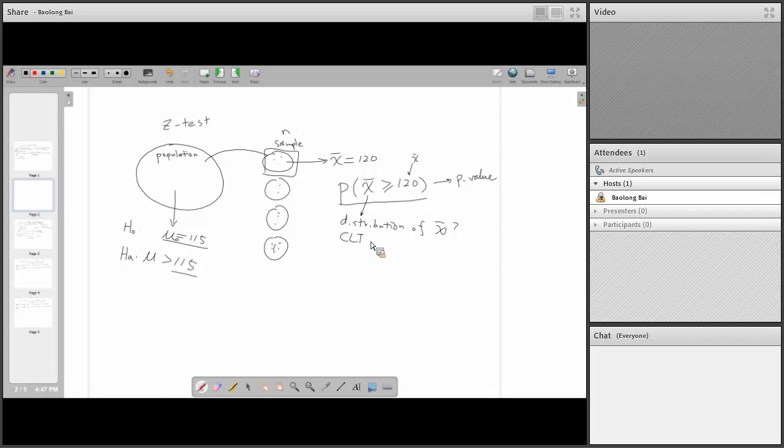From the central limit theorem, x bar will follow a normal distribution with mu and sigma over square root of n as parameters. Then we just need to do a normal problem. We standardize the event: the probability of x bar minus mu divided by sigma over root n, where this is mu and this is sigma, greater than or equal to whatever that value x bar is, minus mu divided by sigma.